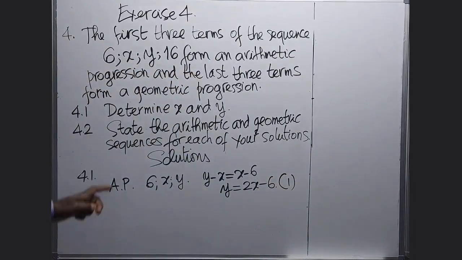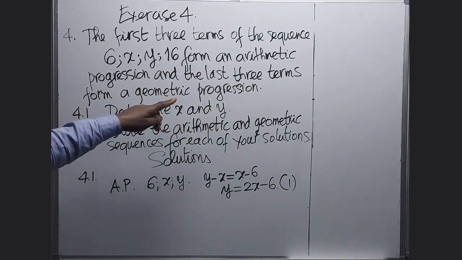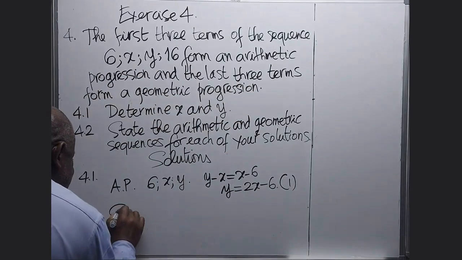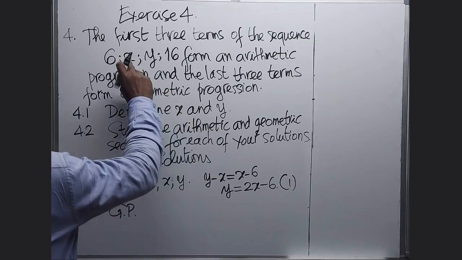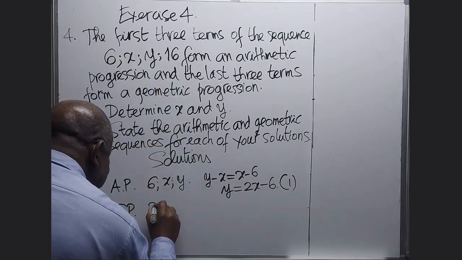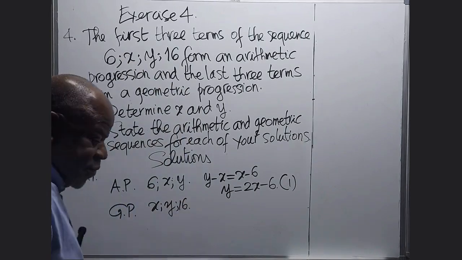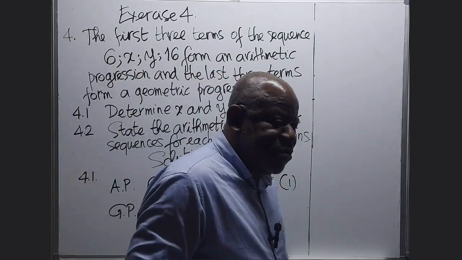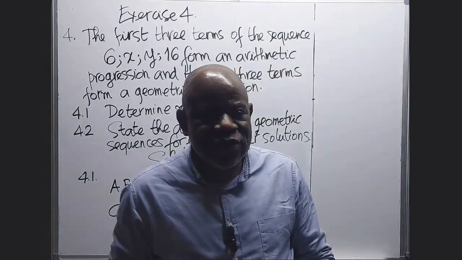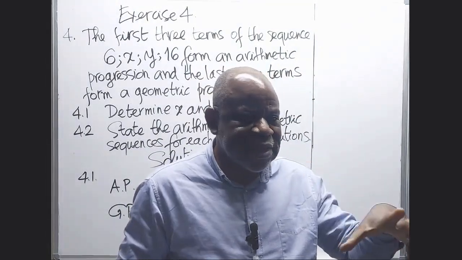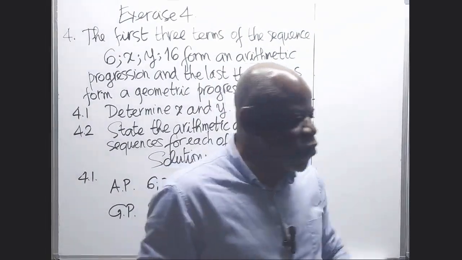Then we're going to go to the next one. The last three terms form a geometric progression, so it's going to be x, y, and 16. Remember, for a geometric progression, the common ratio is T2 over T1, which is equal to T3 over T2.